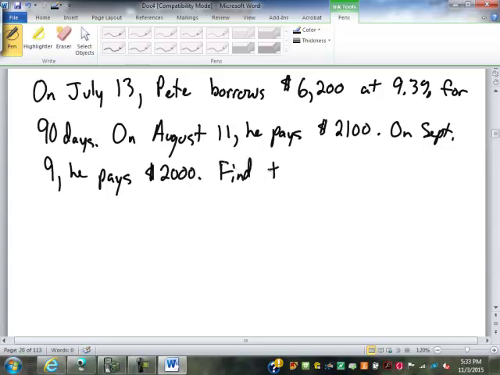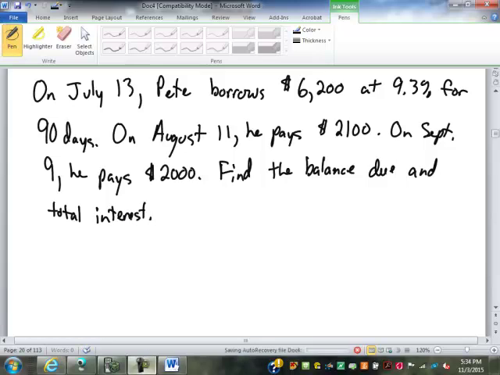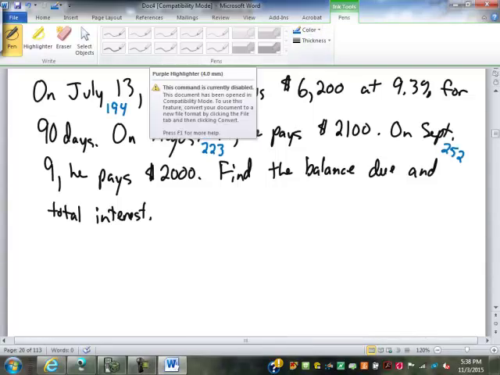So find the balance due and the total interest. So I'm going to give you a couple minutes to try that in your notes. Well, let's see how far you made it on this one.